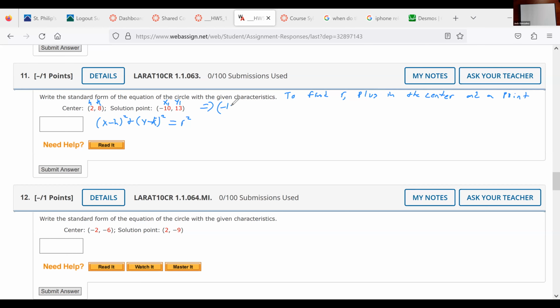Plug in -10 minus h squared plus 13 minus k equal to r. So this will become -12 squared plus, that's a 5, right? Yeah.